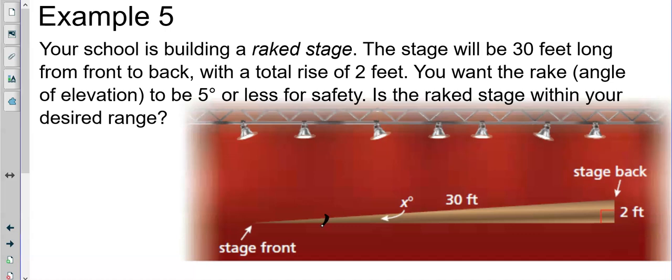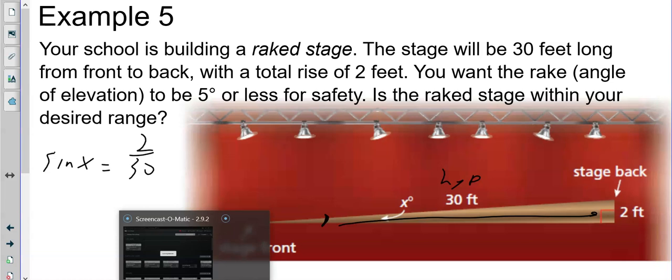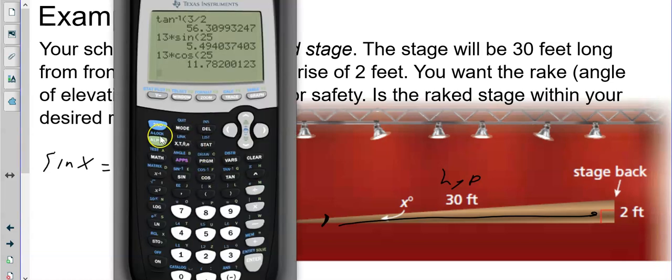From that angle, we have opposite and hypotenuse. Well, that's going to be sine. So sine of, you can put theta, you can put x, whatever you want, equals 2 over 30. We type it in our calculator, second sine, the inverse, and that was 2 divided by 30.